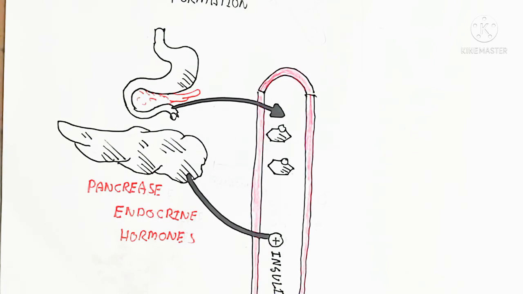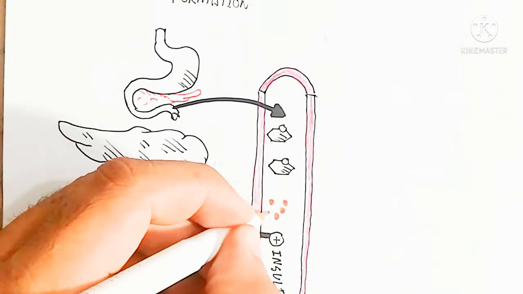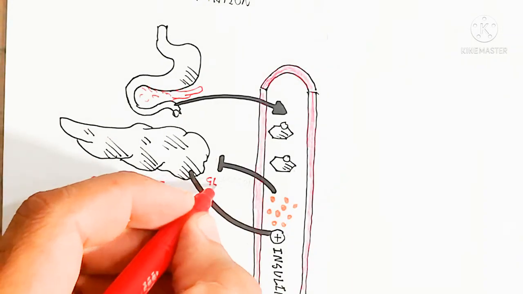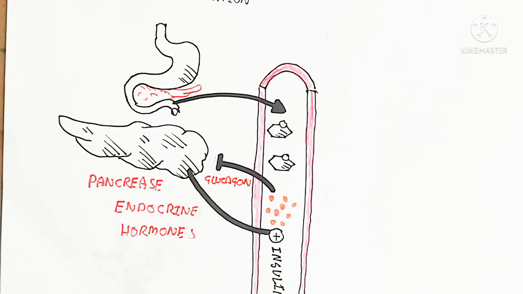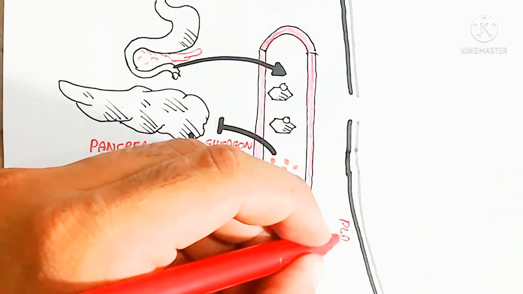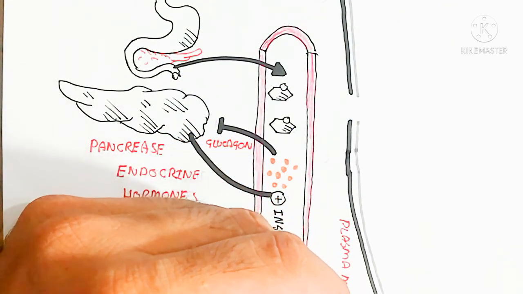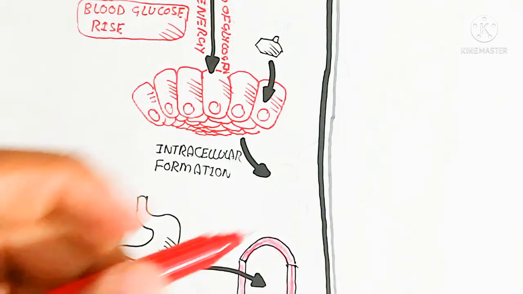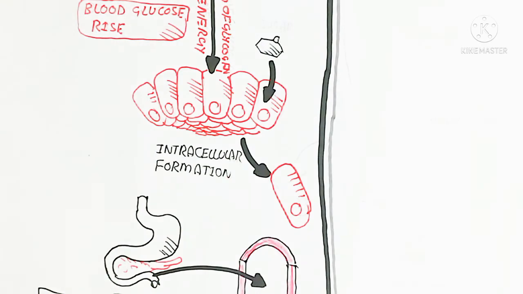On the other hand, the rising blood glucose stimulates the pancreas to produce insulin from the beta cells, and glucagon will be inhibited. Insulin binds with the insulin receptor in the plasma membrane of the cell to stimulate the GLUT4 vesicle.